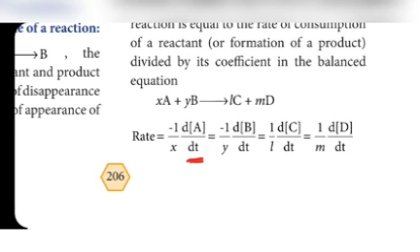Change in concentration of reactant, here rate given in terms of concentration of A. So change in concentration of reactant A divided by time taken. Like that, here also rate is given in terms of reactant B. So change in concentration of reactant B divided by time taken.